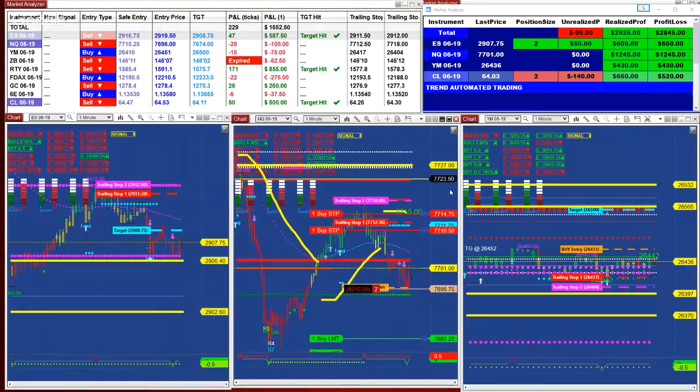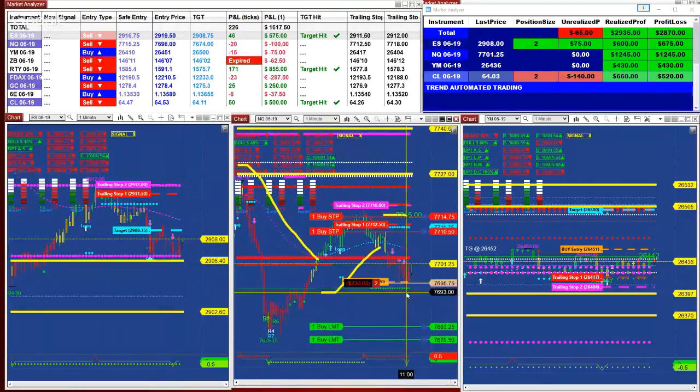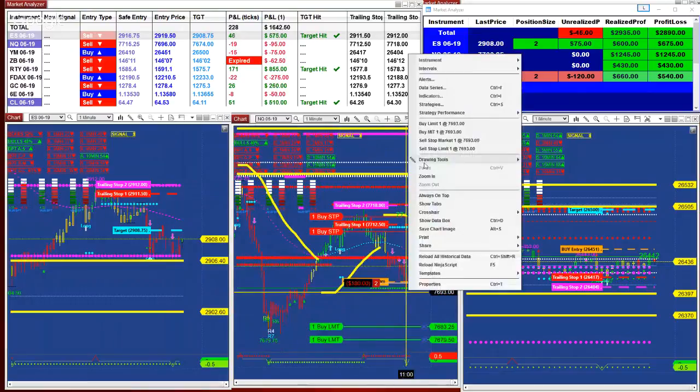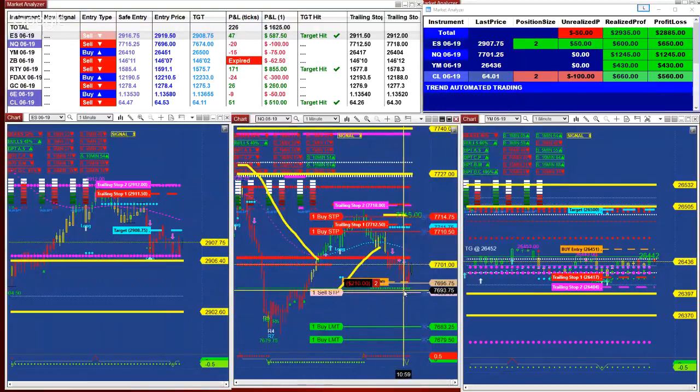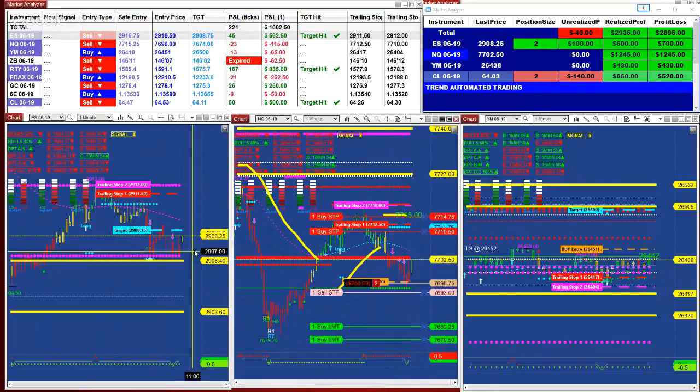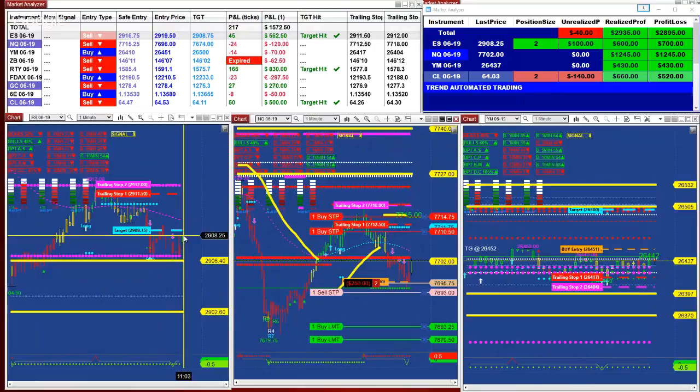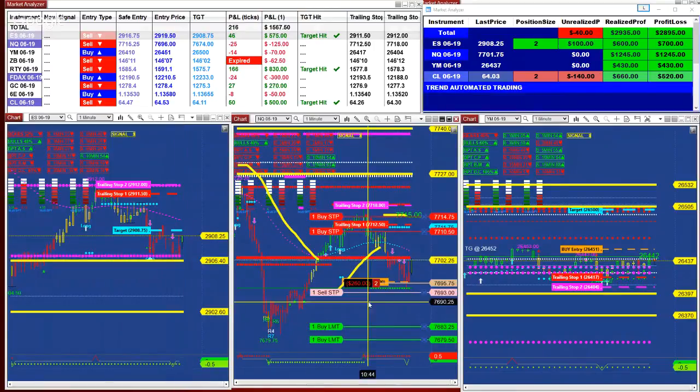So for me to trade the NASDAQ, I will take a trade right below, limited order, right below the projection. So if this ES comes back and breaks the 906, I will be catching that trade.